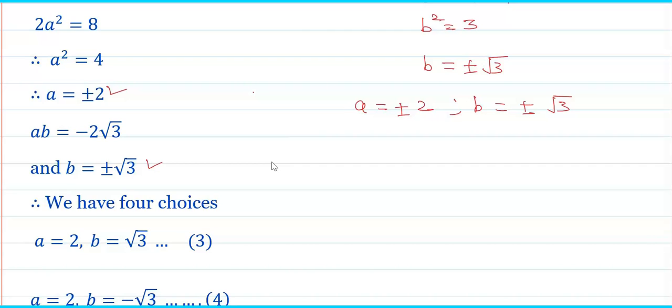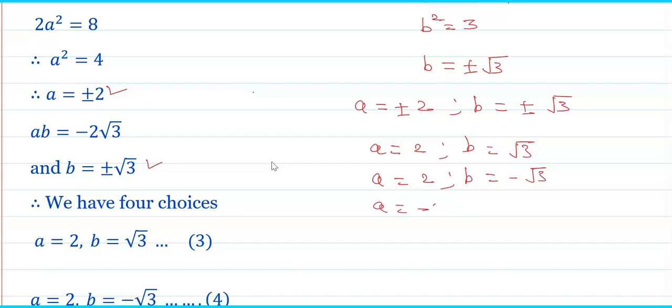So which options do we get here? That is, a is equal to 2 first, b is equal to only root 3. This is the first one, both are positive. Next, a is equal to 2, b is equal to minus root 3.